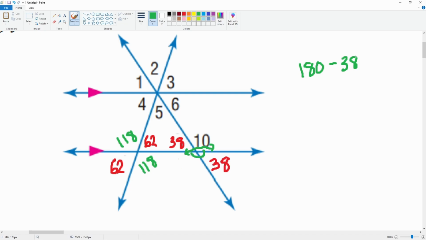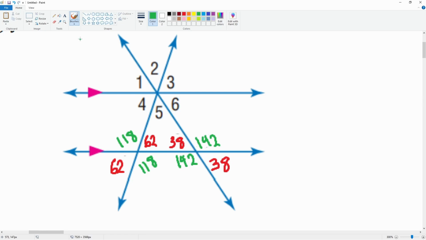And what do we get when we subtract 38? It is 142. So we can say that this angle is 142 degrees. Then, based on vertical angles, we know that this also has to be 142. Okay, don't try to get 4 and 6 right now.